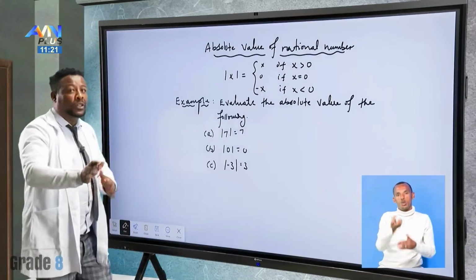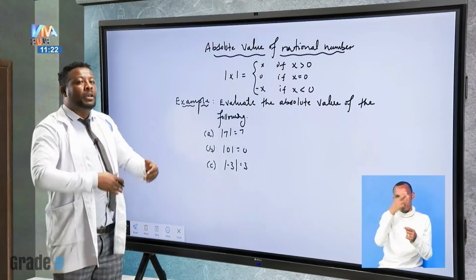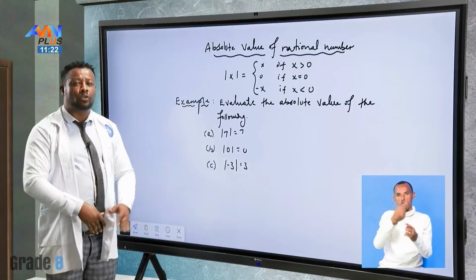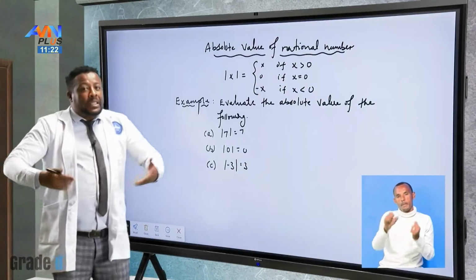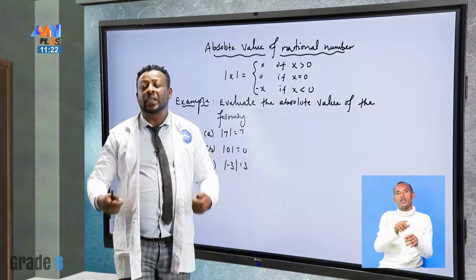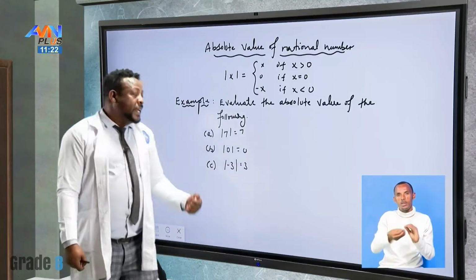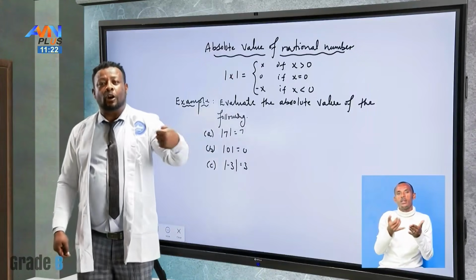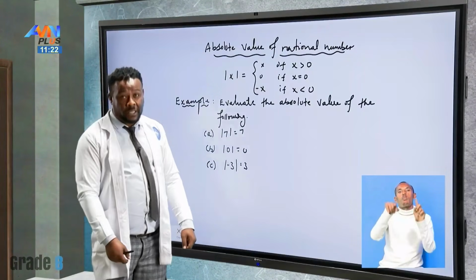The output cannot be negative because absolute value is the distance from 0 to some point. Basically, we cannot measure any distance using negative numbers. That's why the absolute value of anything has a positive output.